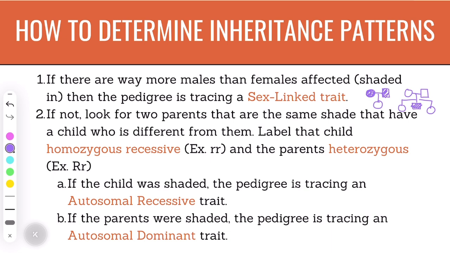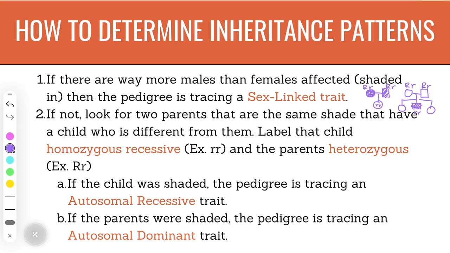So the child that's different is homozygous recessive. And then the parents you label as heterozygous, because that's the only way you can have two parents that are the same with a kid who is different. And then I look and see what is shaded.